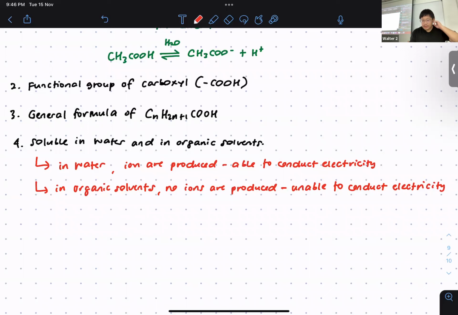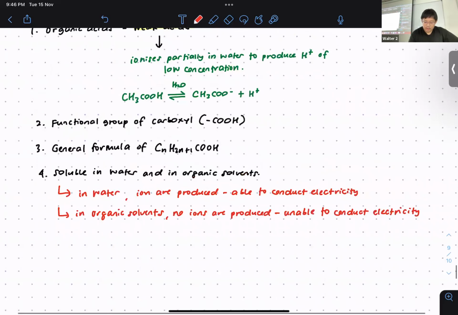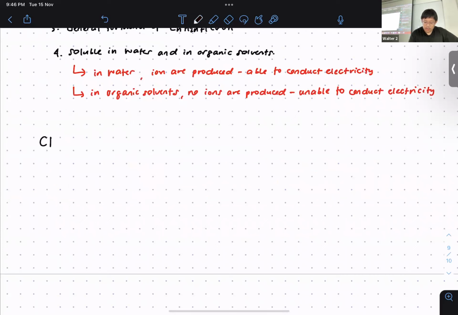All right, then after that, we're going to move on to the chemical properties of acids.